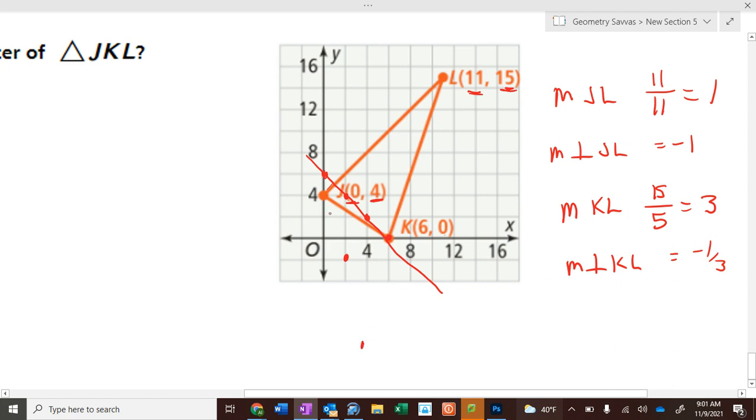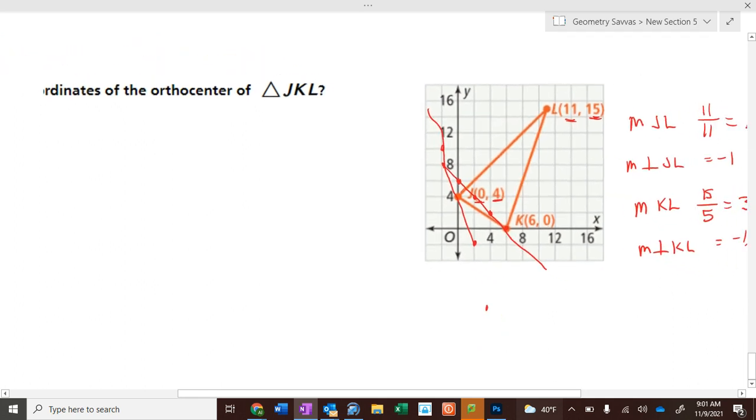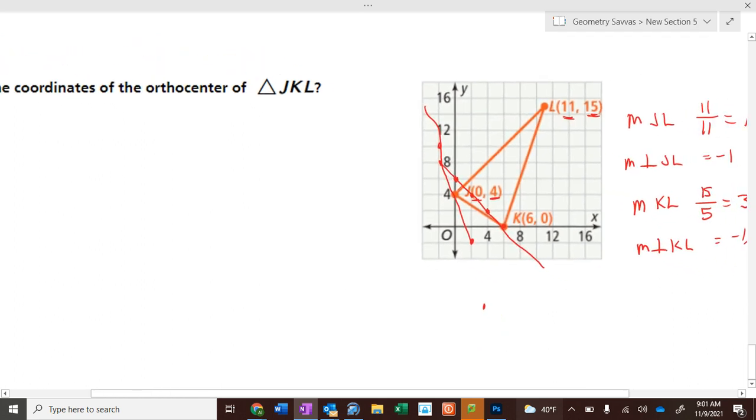So I got to go to the left 1, up 3. So they cross somewhere around here. Ooh, they didn't make it very nice on that problem. Because you're crossing somewhere right about there, which is like -1 and 4, 5, 6, 7. (-1, 7).